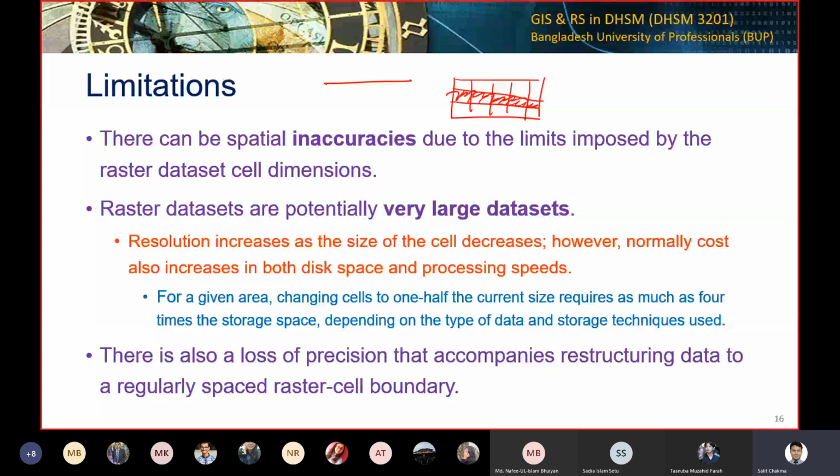For storing the same vector features, for example a road network or river network, you might need a few kilobytes to store the river network of entire Bangladesh, whereas it might go to a few megabytes or a few hundred megabytes for storing the same river network in raster form.